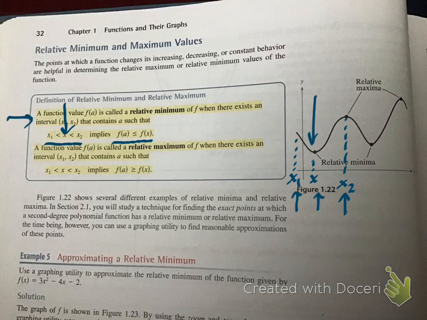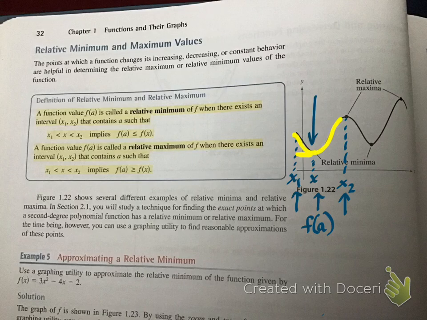And so that implies that this function value f of a is less than or equal to f of x. So all that means is that this y value for the relative minimum is the lowest point on this little part of the curve.